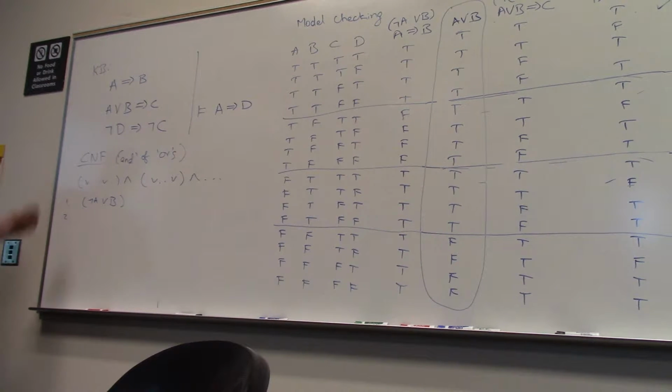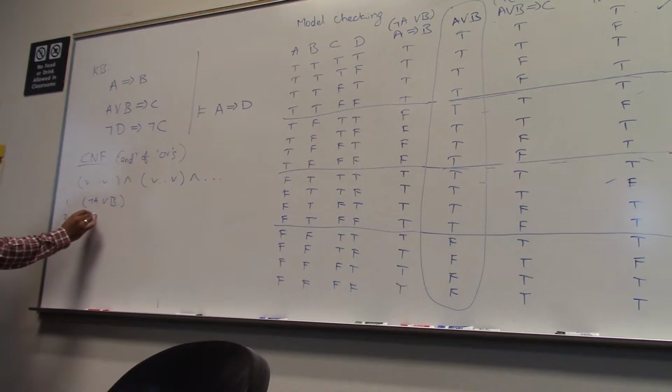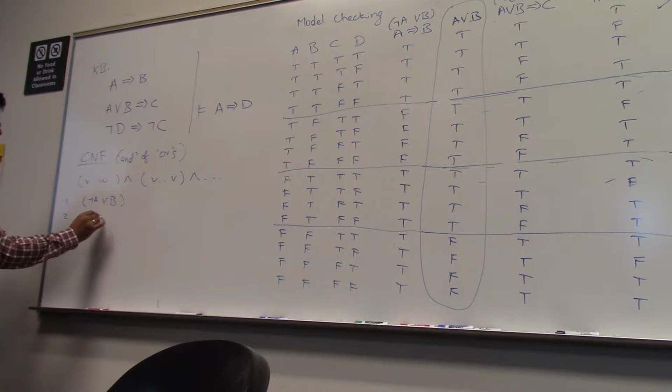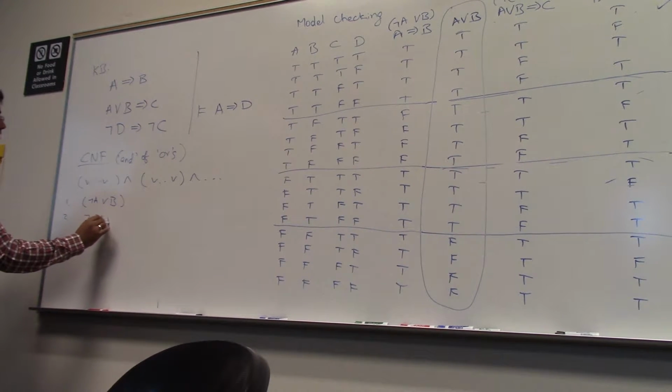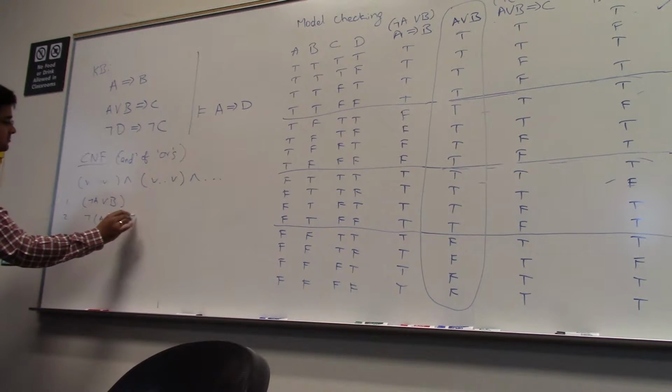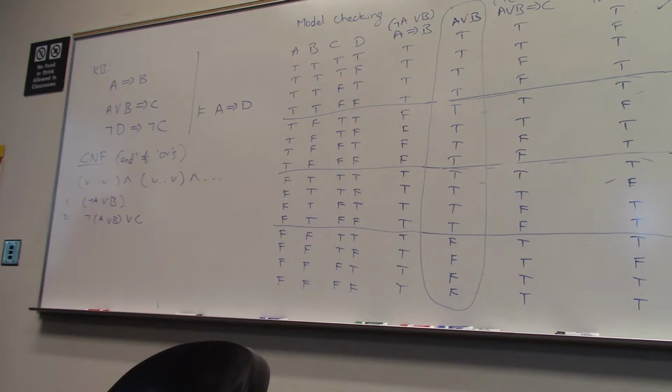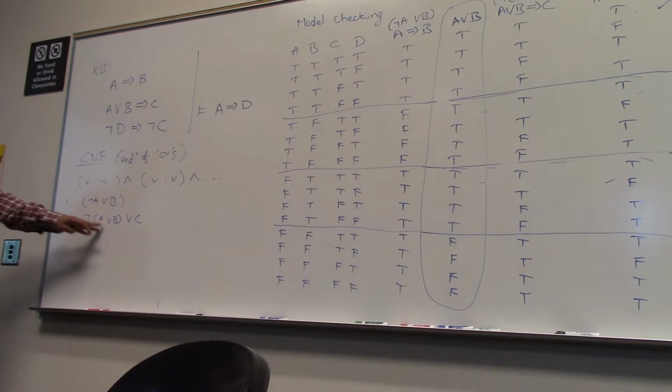The second one is similar. If we put this, not of A or B or C, such things are not allowed. You can't have negation at high levels. Negations should be associated directly with the terms. So this we need to expand.